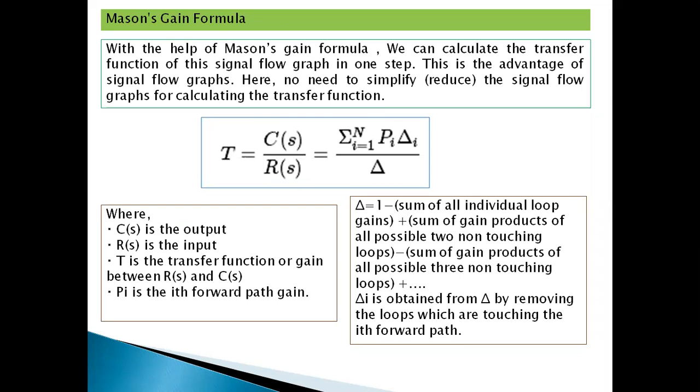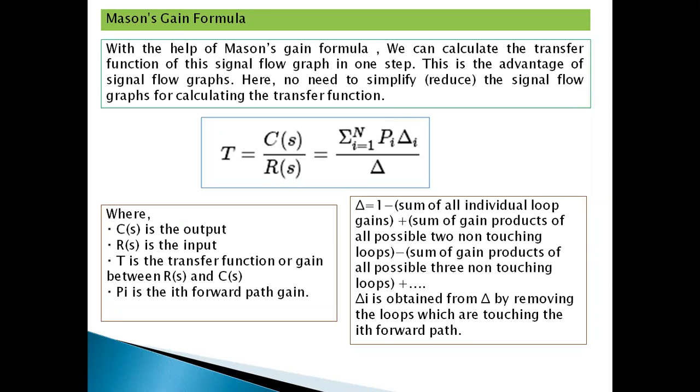We can move a takeoff point after a summing point, or move a summing point ahead of a takeoff point. We can move in any direction, split a summing point, or merge two summing points. We can do any sort of thing to get the overall transfer function. There is no systematic procedure.